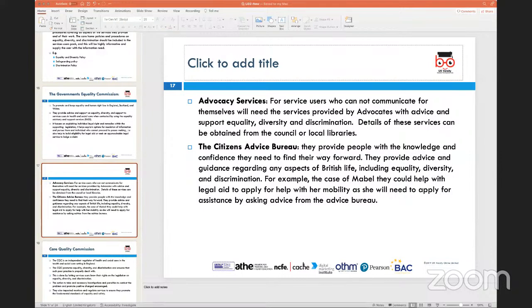Now, there is an important body which I think everyone who's in the UK has heard about, and this important body is the Citizens Advice Bureau. This is a body which basically is, let's say, a charity, or it is a non-government body essentially, and which basically provides free and fair services as an independent organization.